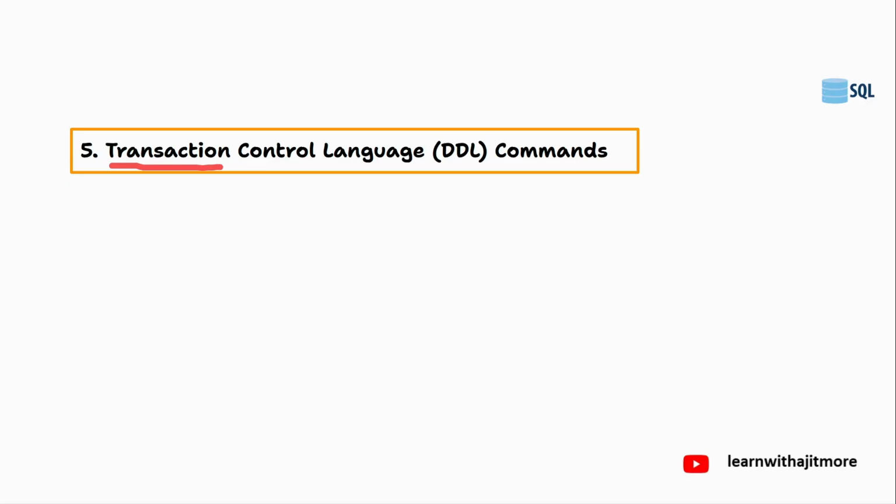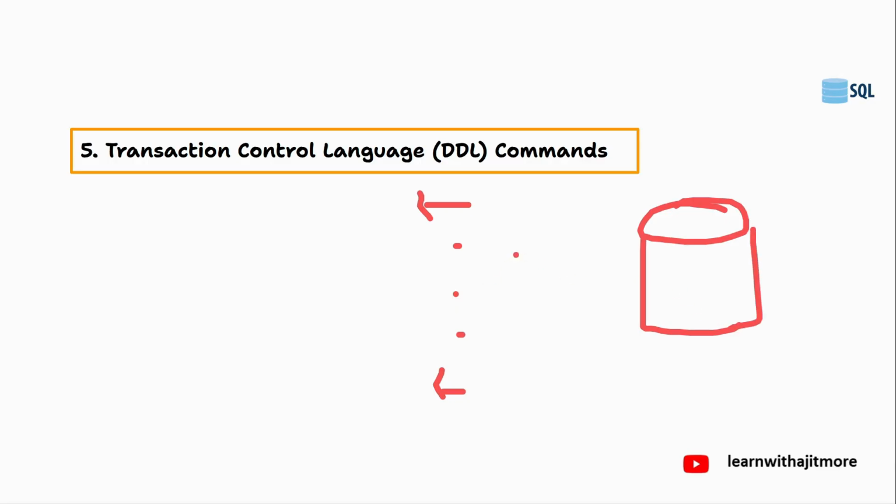Whatever operations you do on the database in that interval will be called a transaction. By default, whatever operations you do in that transaction, operation one, two, they are immediately reflected on the database. Immediately the changes take place on the database.